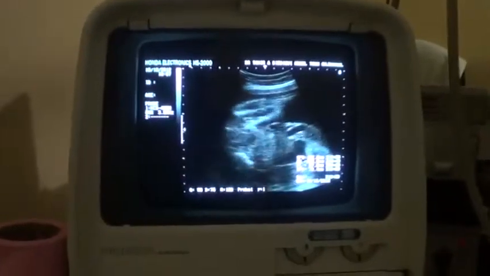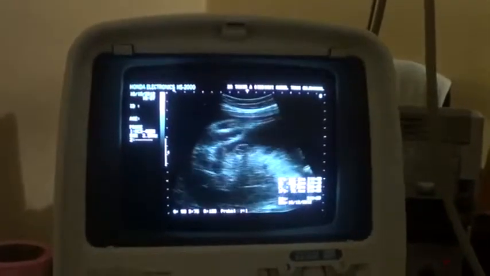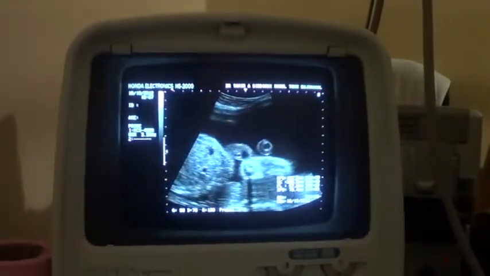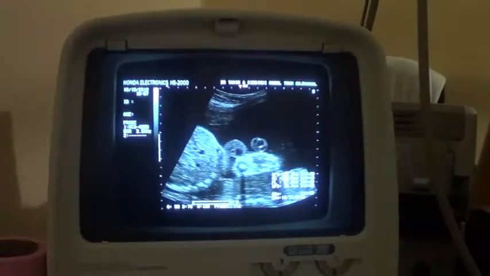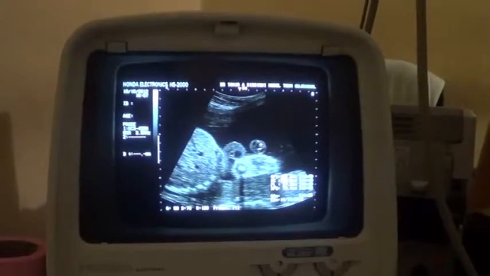the bones are normally calcified. There is no curve seen relating to the bones. Now the umbilical cord, you can see that it has 2 arteries and 1 vein. One artery, second artery, and this is the vein.